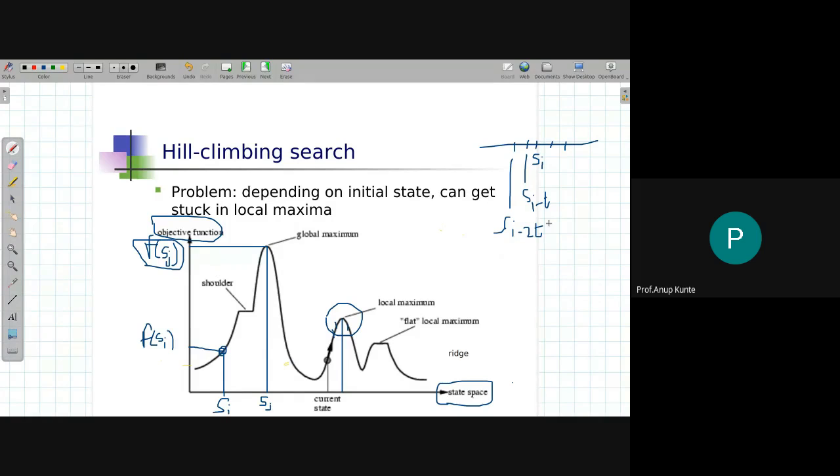So on the other side I will have si plus t, si plus 2t, that kind of a thing. Now I have projected, अगर मैं si minus 2t state में होता, okay, then this would be my objective function value. यहाँ होता तो ऑब्जेक्टिव फंक्शन का ये वैल्यू होता.